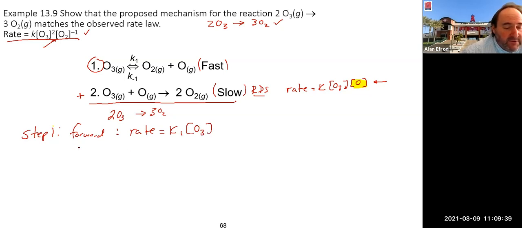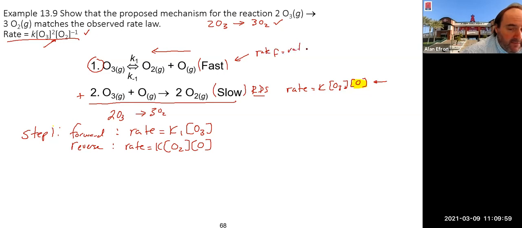For the reverse direction, the rate would equal K minus 1 times O2 times O. Just like we talked about before, when this reaches equilibrium, the rate of the forward direction will equal the rate of the reverse direction, which means we could set both of these equal to each other. And that means that K1 times O3 is equal to K minus 1 times O2 and O.